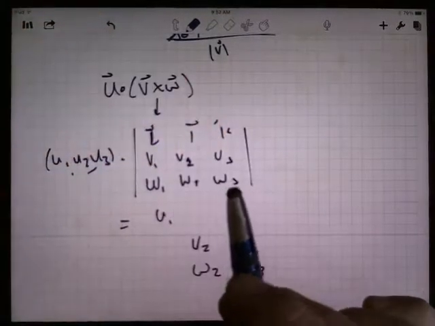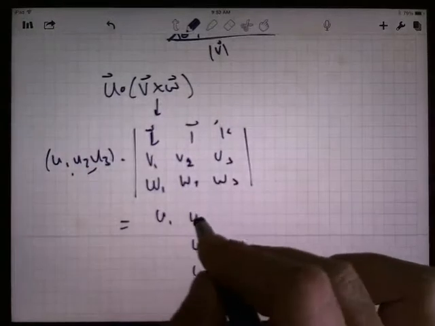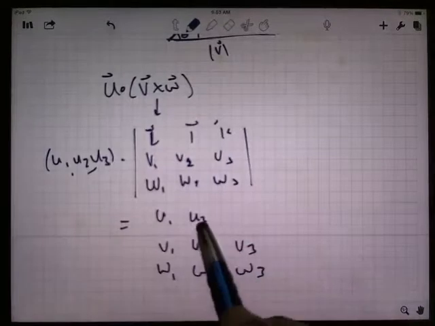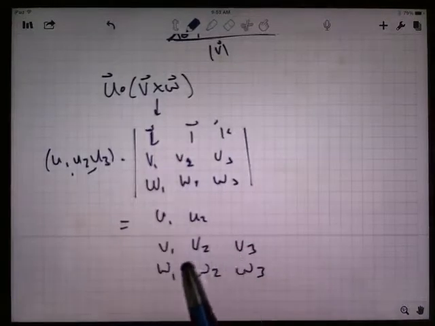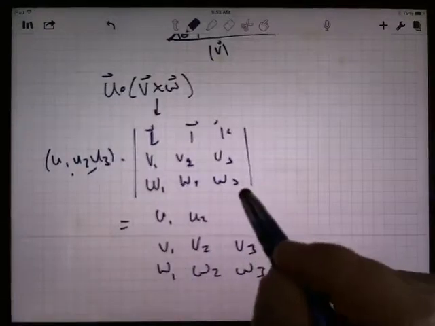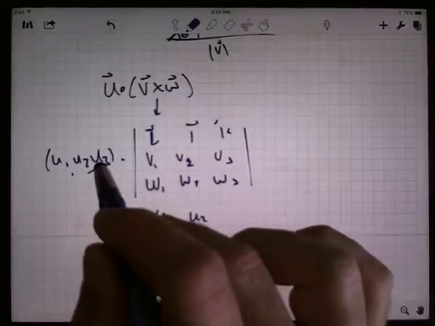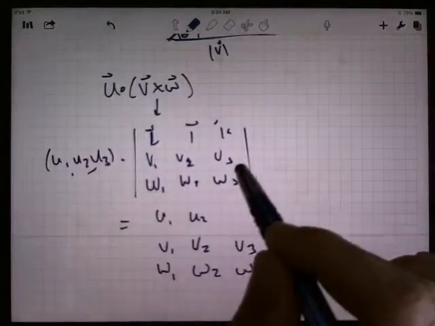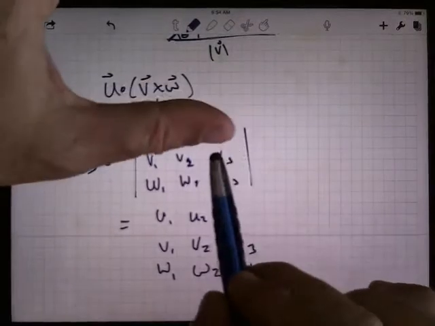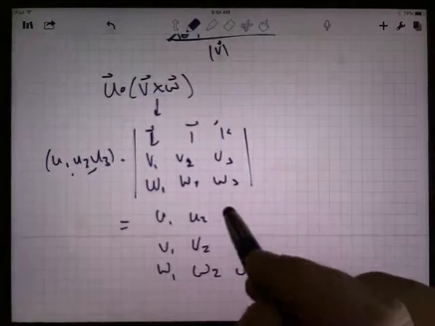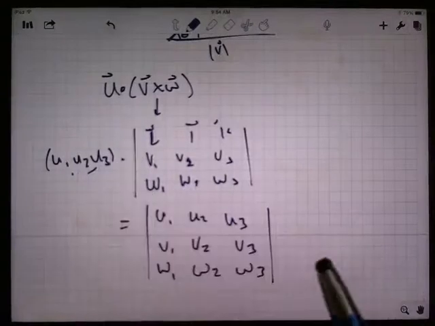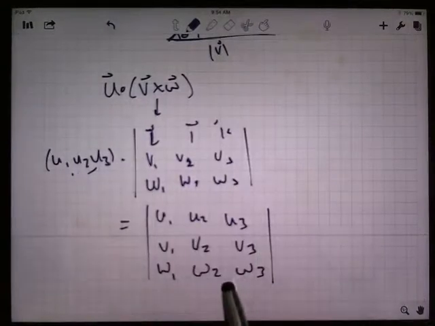And that would be equivalent to saying, just stick the U2 right in there and take the V1 and the W1, and so you've got this times this subdeterminant, you've got that times this subdeterminant with a minus sign, and then you've got U3 times the third component of this, but the third component is gotten because of the K right here, so it's just this subdeterminant. So I might as well just put the U3 right here. And so this calculation of the triple product is the same as this 3 by 3 determinant.